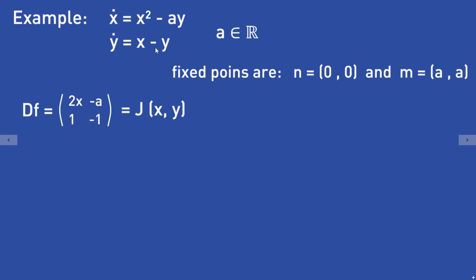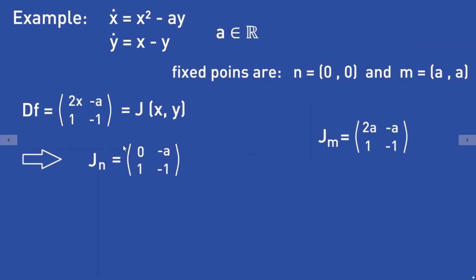This here, 1, is the derivative of x minus y with respect to x, which is 1. And that here, minus 1, is the derivative of x minus y with respect to y, which is minus 1. We call this matrix here J(x, y). Now we have to insert the fixed points n and m in the derivative of f. So we get the two matrices Jn and Jm.